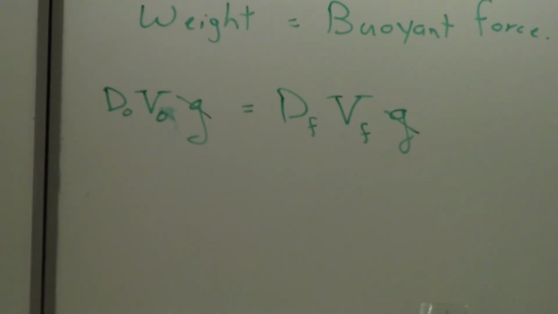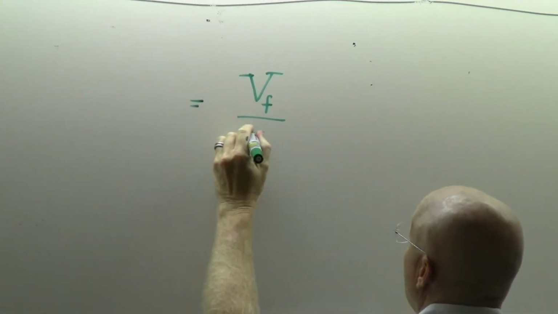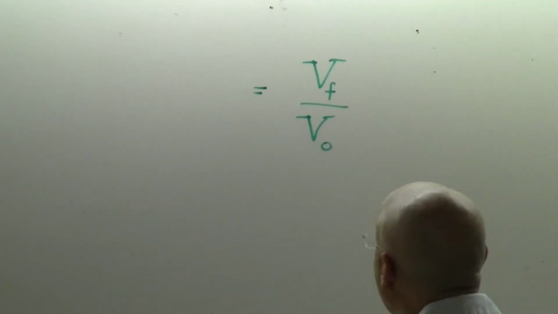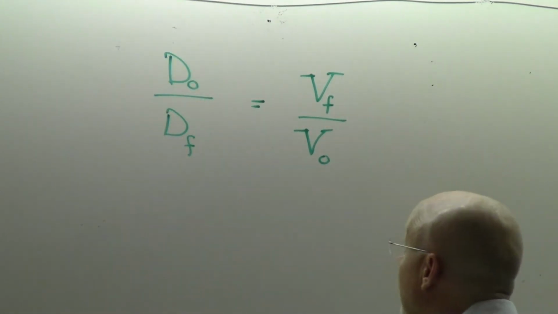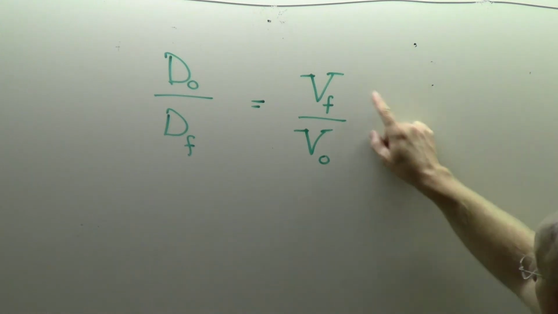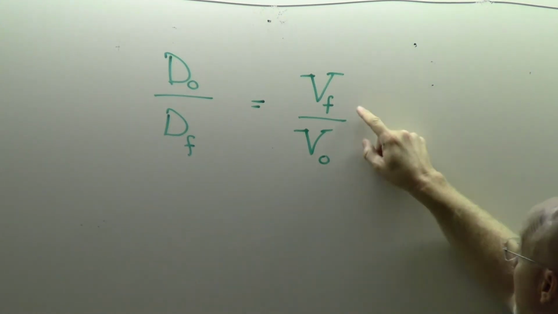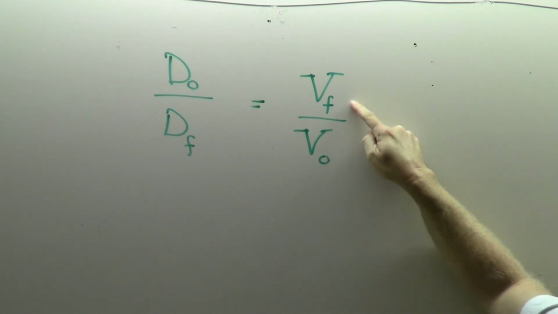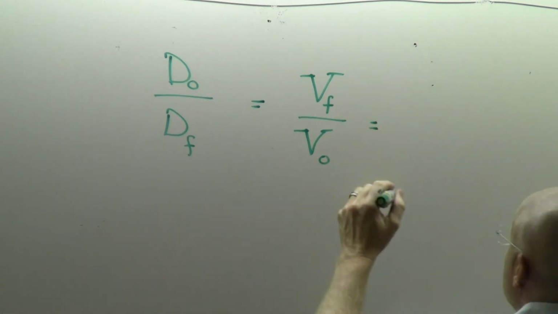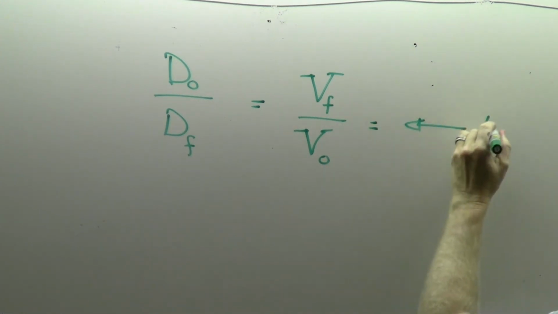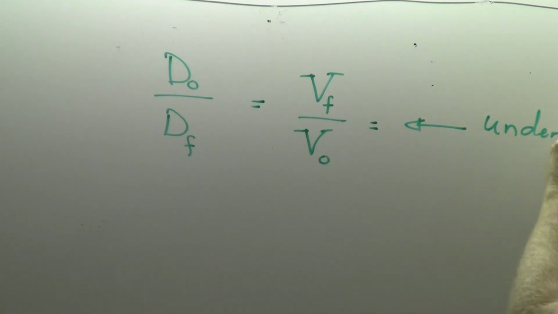But I can do this. If I rewrite this as a fraction, the volume of the fluid being displaced over the volume of the object would be the same as the density of the object over the density of the fluid. And if I stop and think about what this means mathematically, this really is the volume underwater of the whole object. How much of it is underwater?